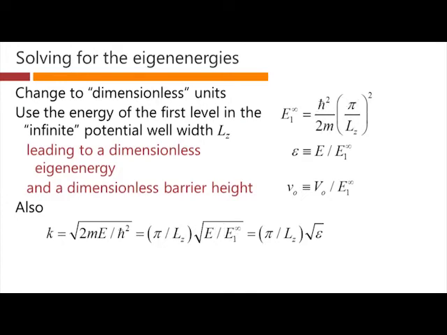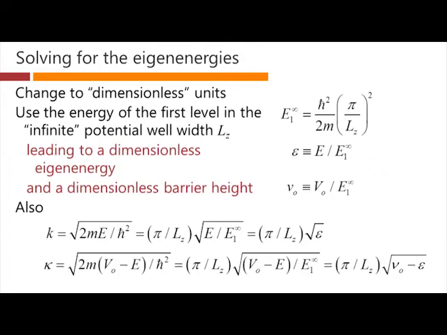And equivalently, that's pi over Lz times the square root of this dimensionless energy epsilon. And similarly for kappa, this was our original formula for kappa, we can check this substitution in here. We put in this energy inside the square root and check this all out. You'll find it's equal to that. Or equivalently, pi over Lz times the square root of nu naught minus epsilon.